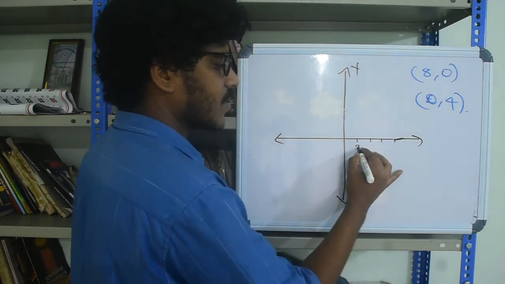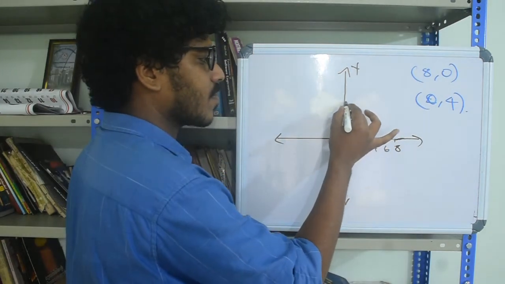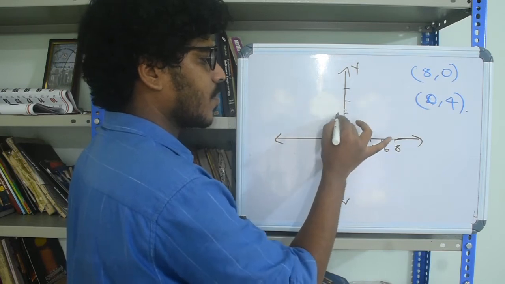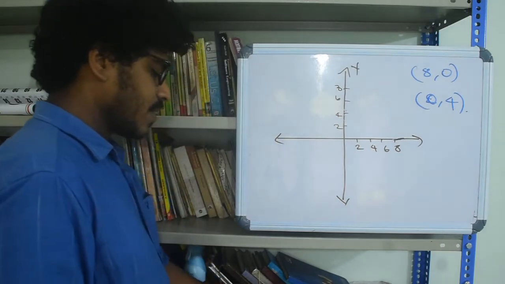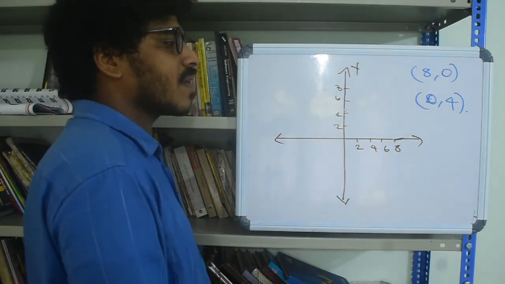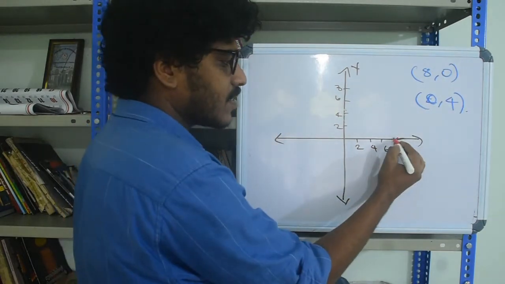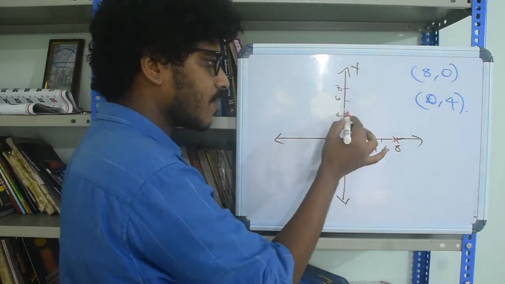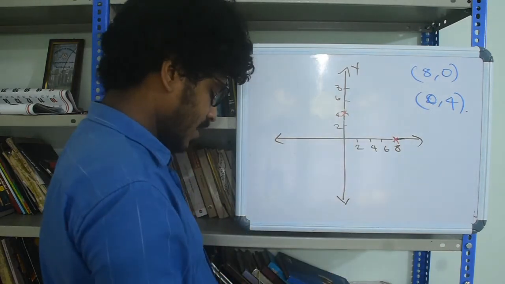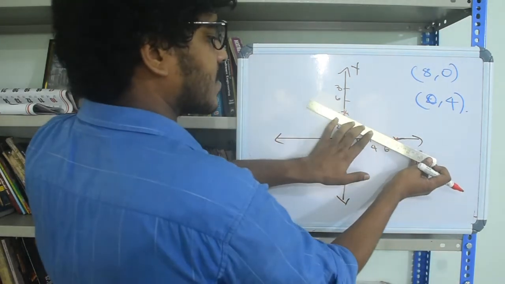That's fine. Let's mark 2, 4, 6, and 8. Right. So now let's mark the 2 points, the two intercepts. The x-intercept is (8, 0), which is at this point, and the y-intercept is at (0, 4), which is at this point. And now we are supposed to connect these 2 points by means of a straight line.